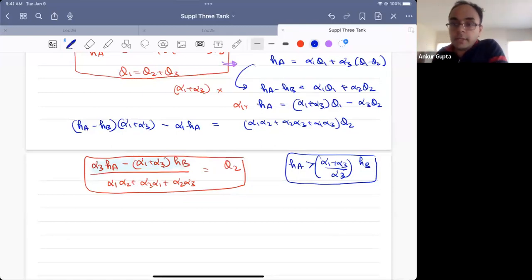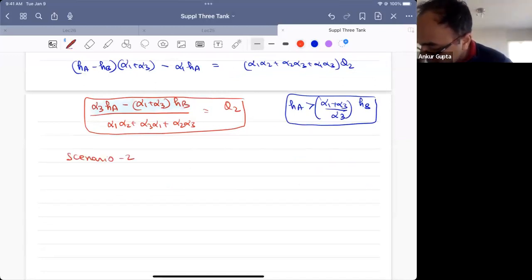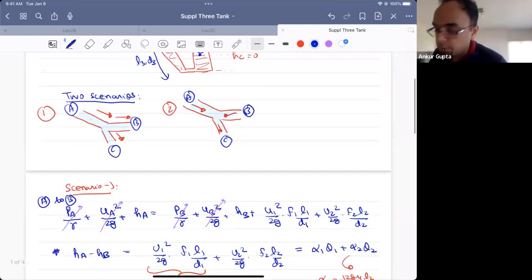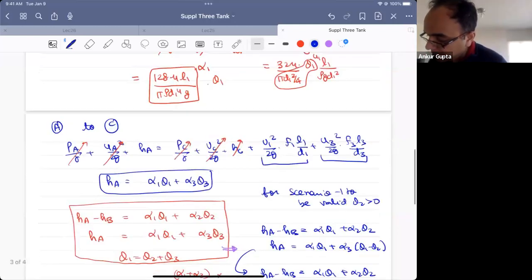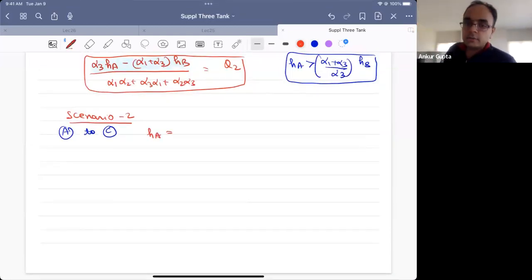Okay, so now I know this video has been long, but I want to also discuss the second scenario. So let's also do scenario 2, and I'll not take that much time because now we can quickly do this. I'm going from A to C first, because remember from here, I will go A to C and B to C. What you will get in A to C is simply HA, because HC is 0, so I'll not get that.